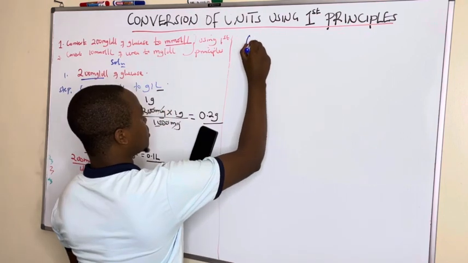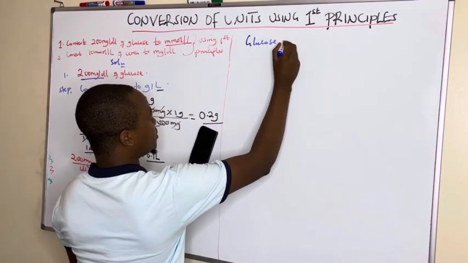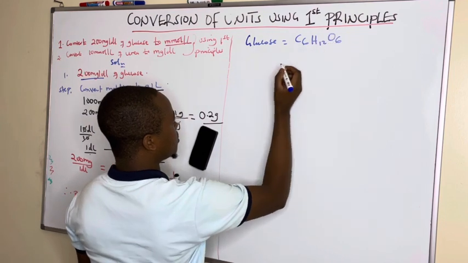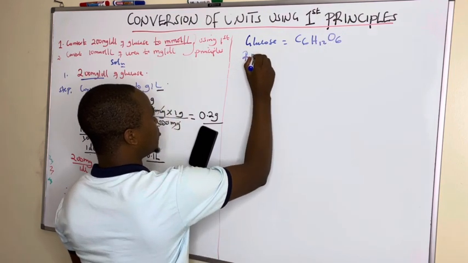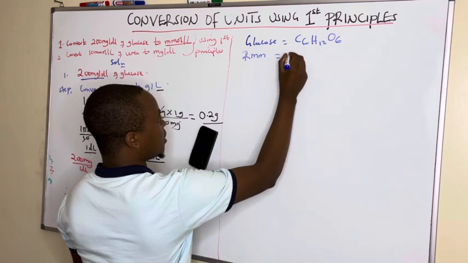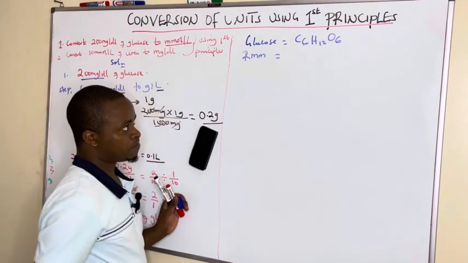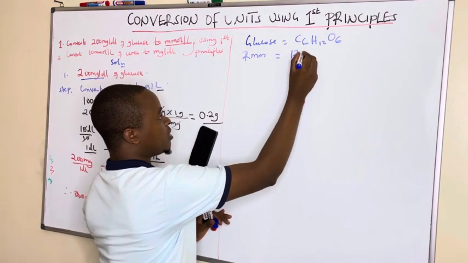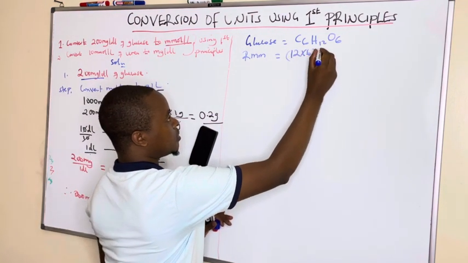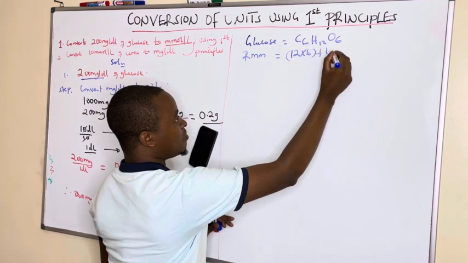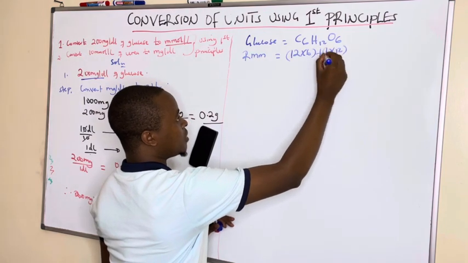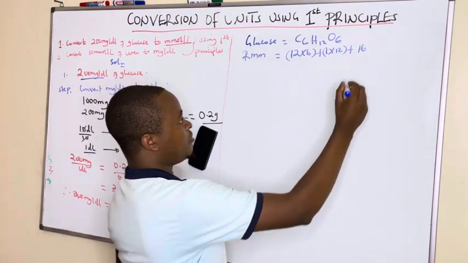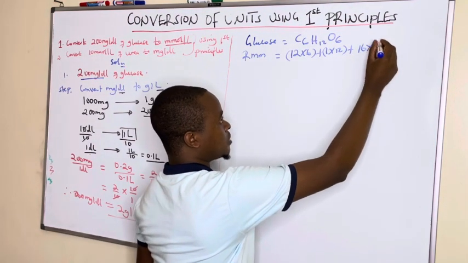Glucose has the formula C6H12O6. To calculate its relative molecular mass: carbon has atomic mass 12, so 12 times 6, plus hydrogen, which is 1, times 12, plus oxygen, which is 16, multiplied by 6.